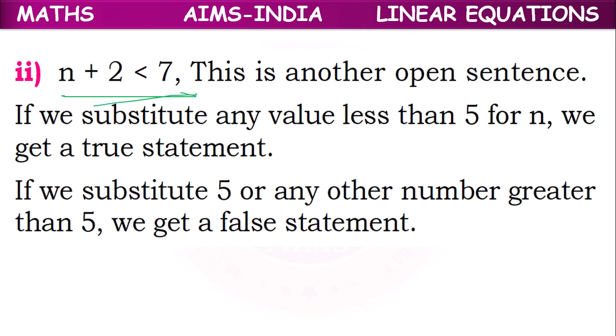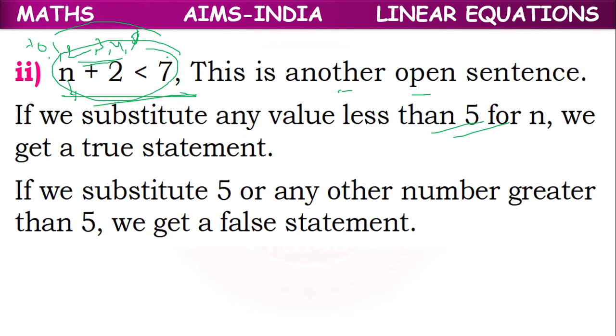So n plus 2 less than 7 is another open sentence. If we substitute 1, it will be true. If we substitute 2, 3, 4, 5, I mean up to 5, or the values less than 5, like 0, minus 1, for these values in the place of n, the inequation is true.